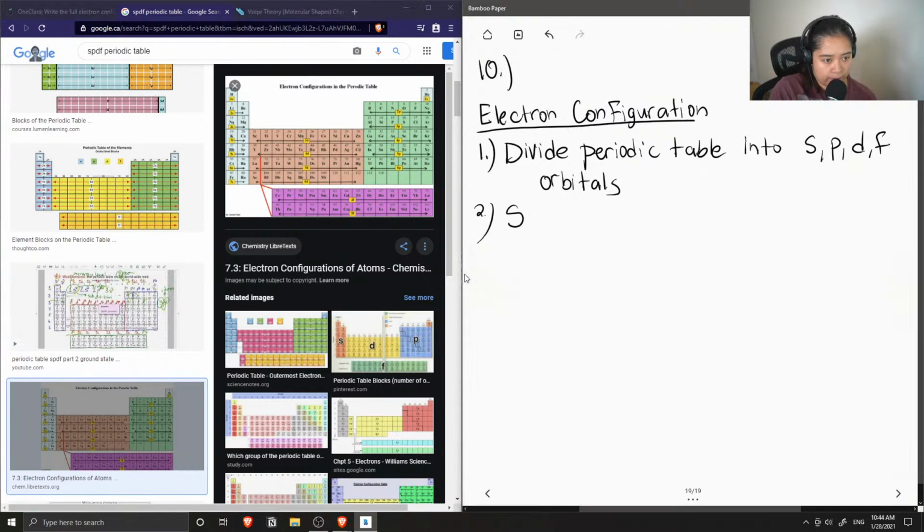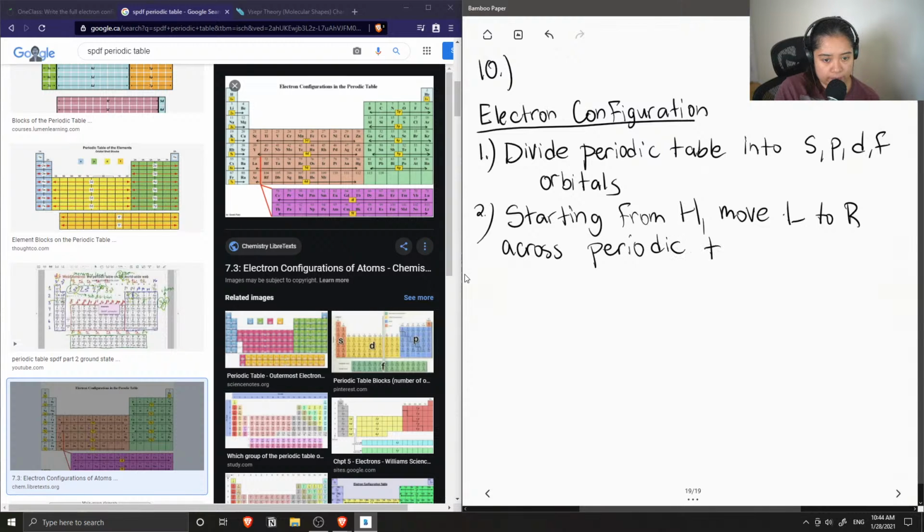So now, starting from hydrogen, we move left to right across the periodic table until we get to our desired element. And then we write the row number followed by the block letter.